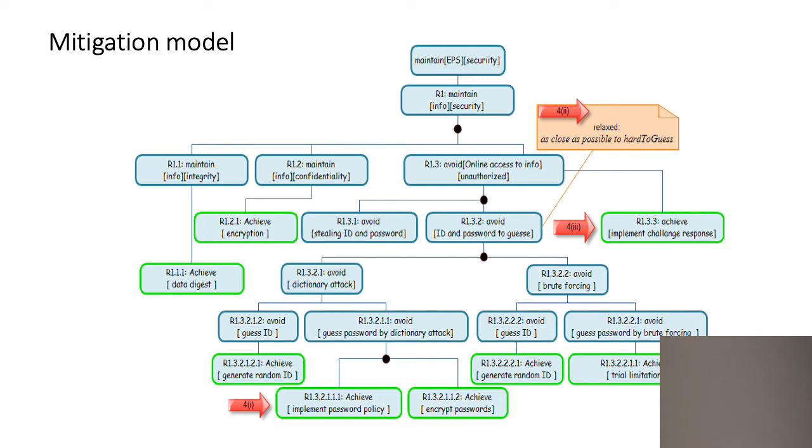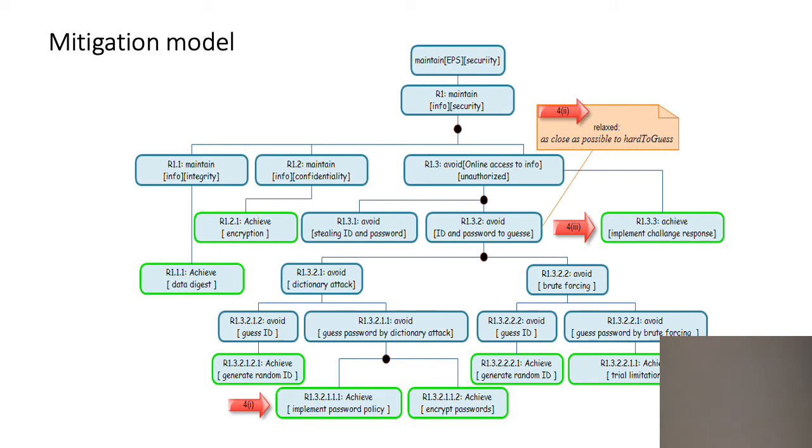Now if I take just the dictionary attack avoidance use case, it will say how do I avoid the guessable ID: by having a random ID generated that makes the ID difficult for a dictionary attack.